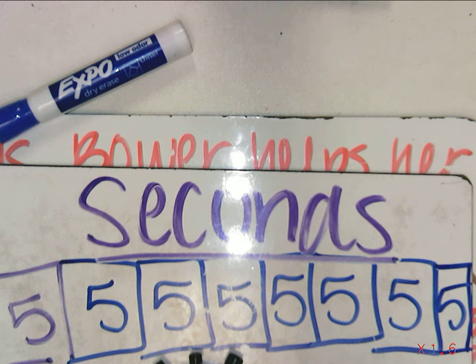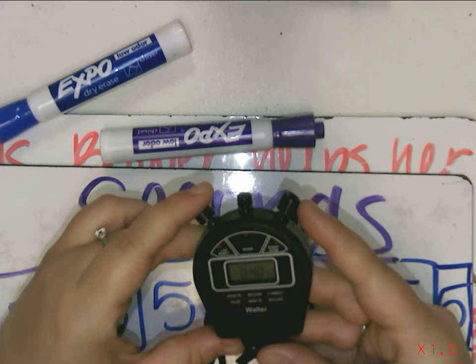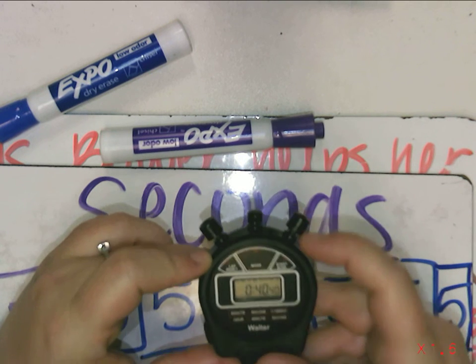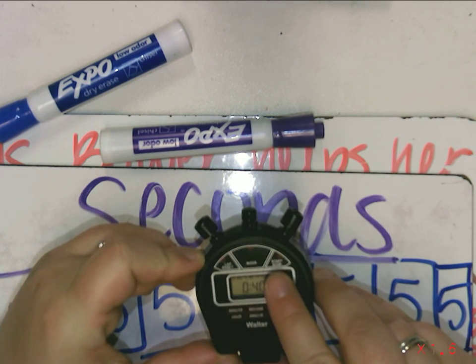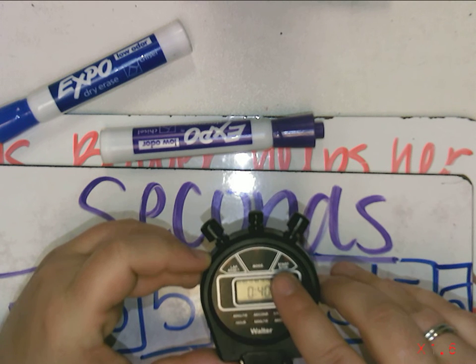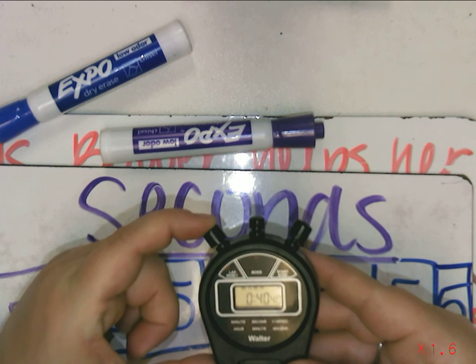Okay, so the tool that I'm using to measure is called a stopwatch. We can start it and stop it to measure how much time has passed by. It has 2 buttons. The button on the right is the start button. You can see the word start right there. And it's also the stop button. Okay, and the button on the left is the reset button.